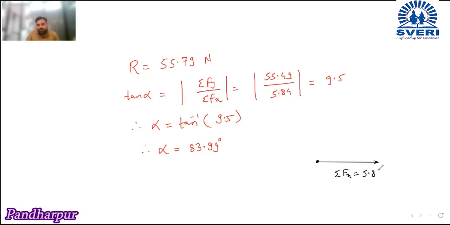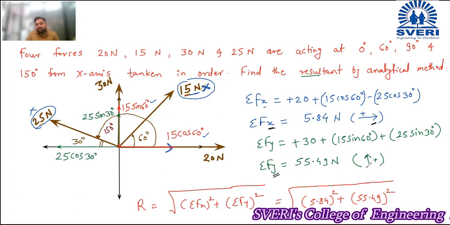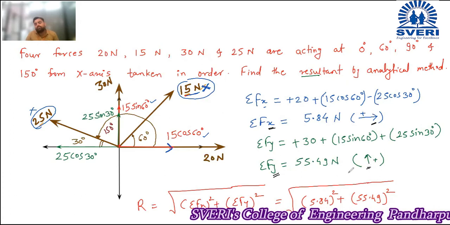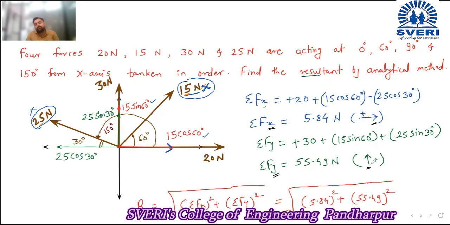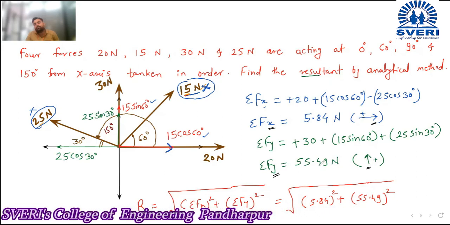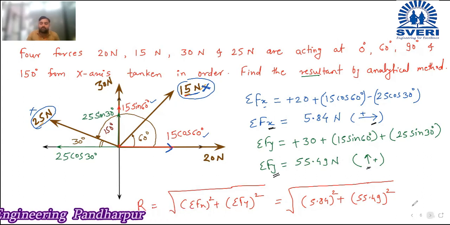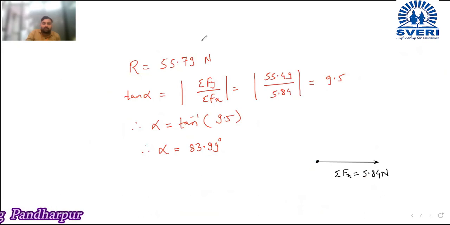Which is 5.84 Newton. From the same point, now you can see summation Fy. What is the direction? It is positive, so it is moving upward. Summation Fy is upward because we got a positive value of 55.49. So that also I will plot over here.